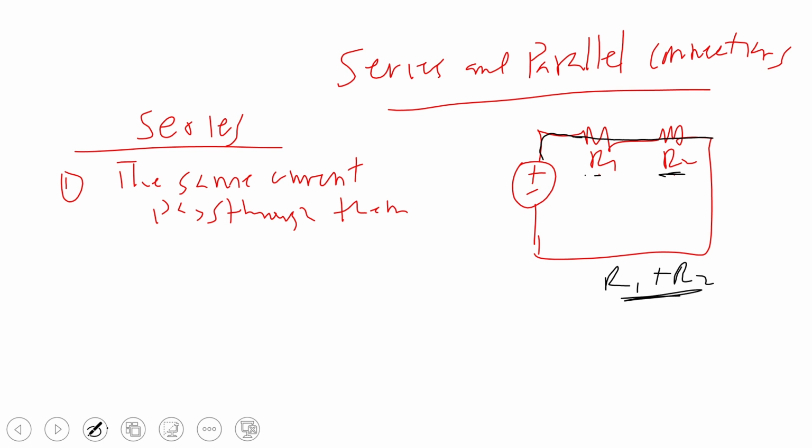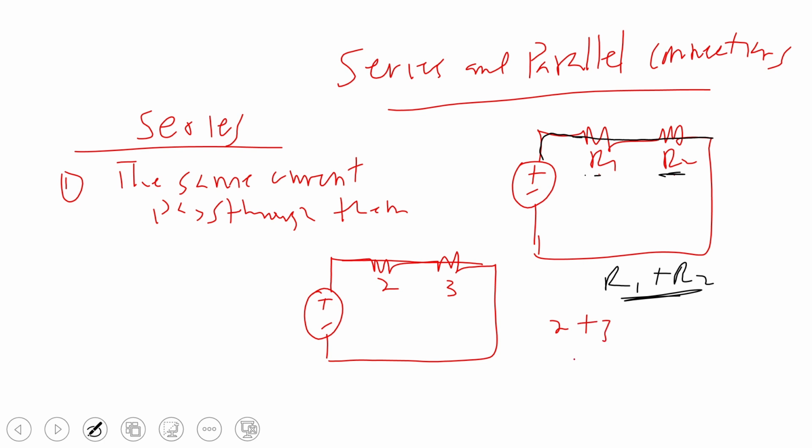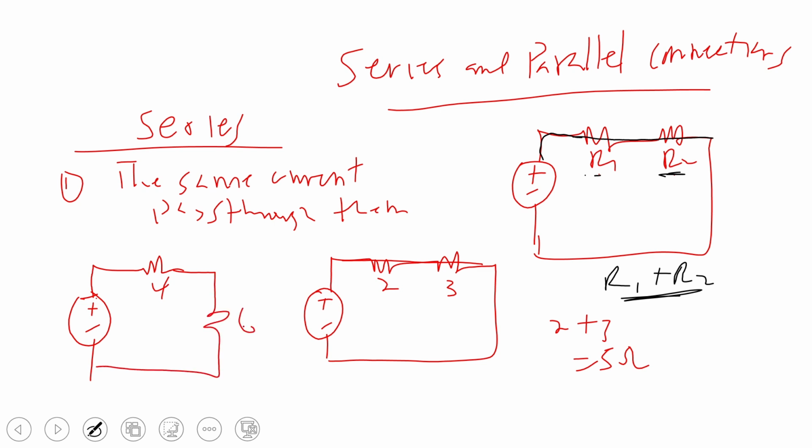So let's say I have a simple electrical circuit like this, and this is 2, this is 3. I can easily see that the same current is passing through them. So it's 2 plus 3, and the total resistance is going to be 5 ohms. Another situation, let's say I have this here as 4, and here as 6.